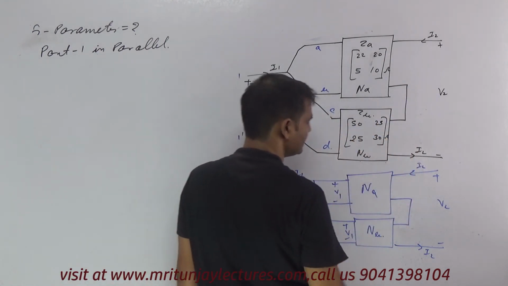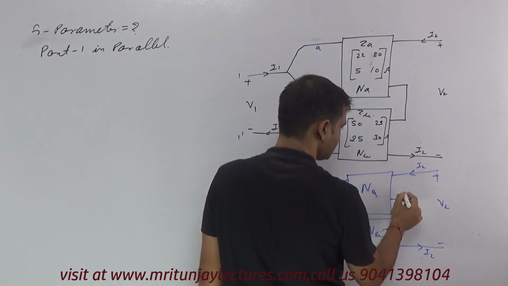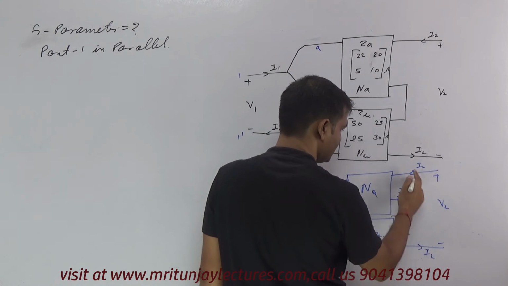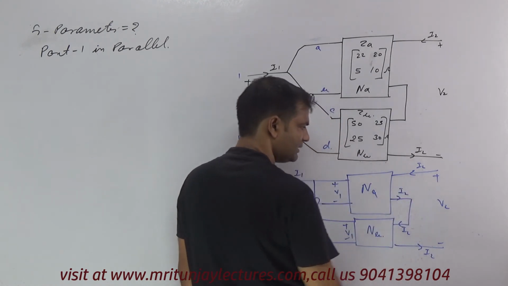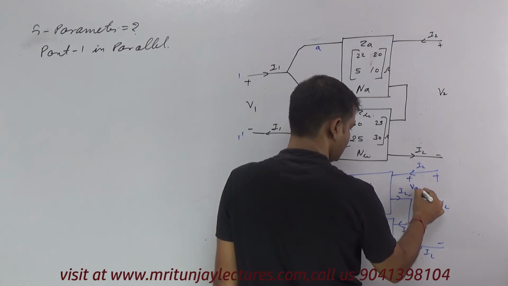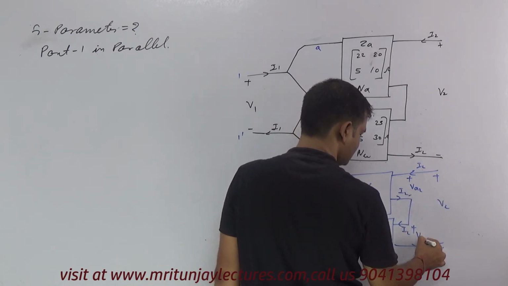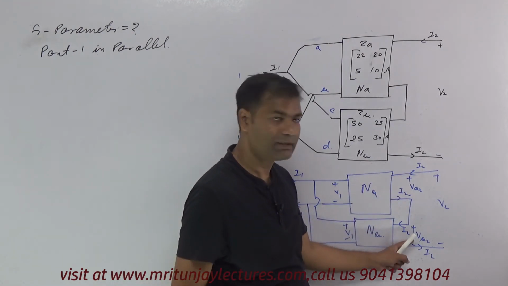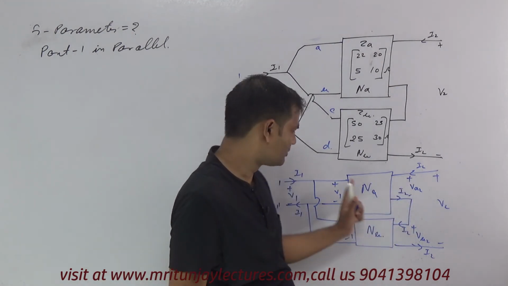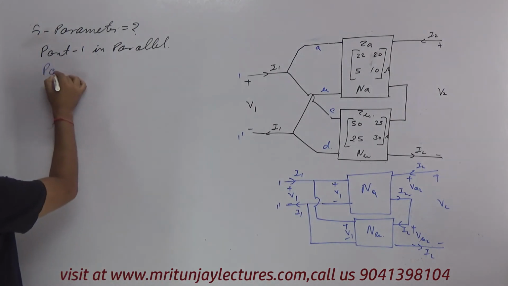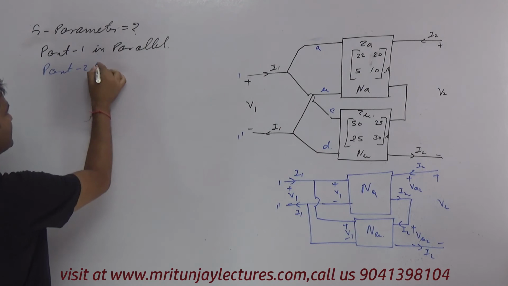Okay, clear, I2. If I2 current flows here and the same I2 current flows there, both are in series. Both voltages, V of A2 and V of V2, okay, so both voltages are in series. Clear? So port 1 is in parallel and port 2 is in series.